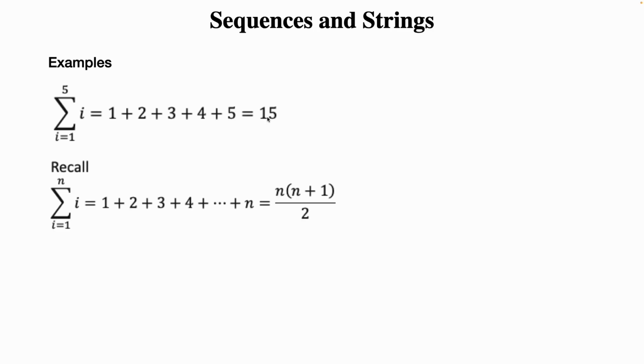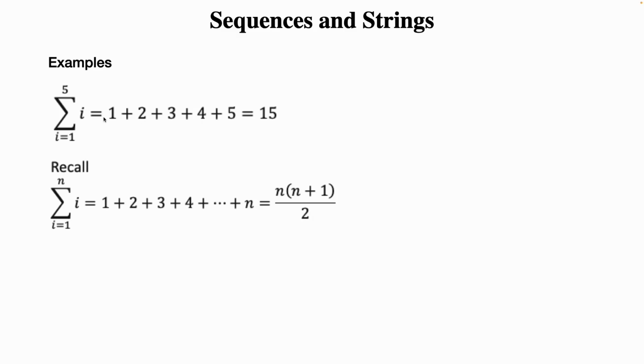Now you might remember from our video on induction proofs, we proved this formula, that the summation of i equals 1 to n of i, which is 1 plus 2 plus 3 plus 4 up to n, is equal to taking whatever that top number n is, multiplying it by the next number up, and dividing by 2.